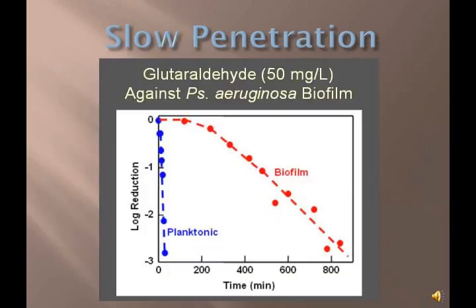and that's what we'll talk about, the molecular. There's no question that slow penetration or the matrix that's around the biofilm cells prevents a lot of antibiotic and biocide degradation of the biofilm community.